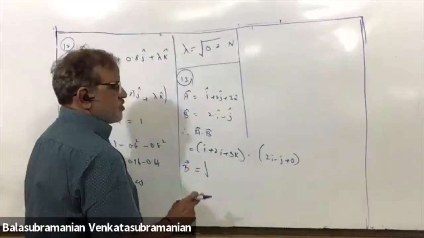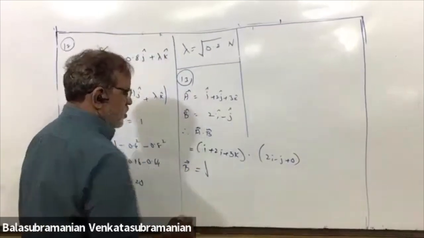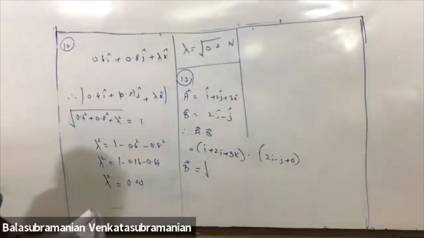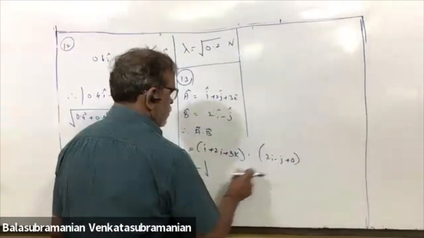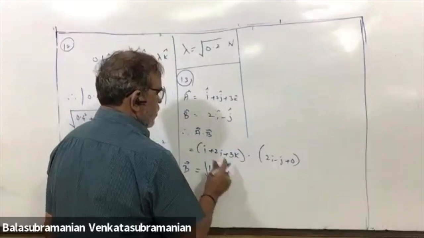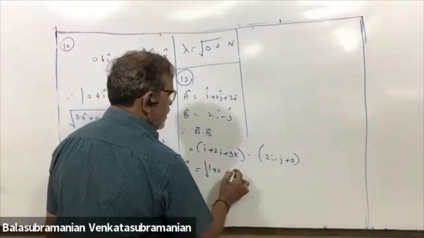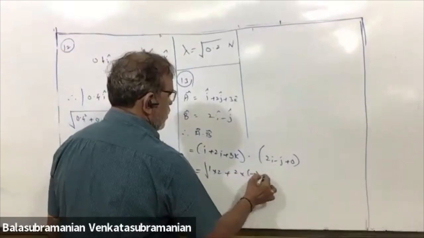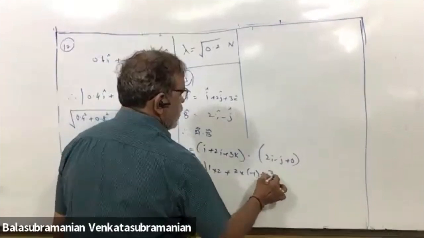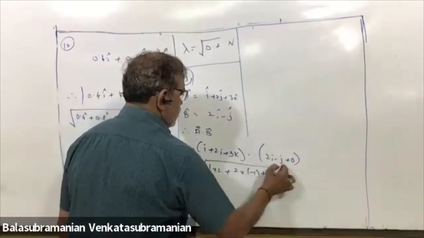Okay. What is the value? How to calculate? 1 into 2 plus 2 into minus 1 plus 3 into 0.